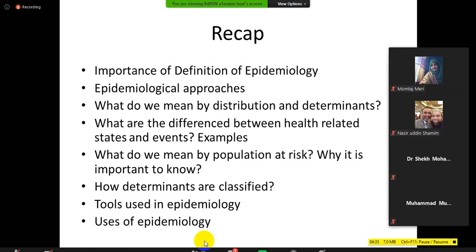Some critics used to say that it is a little bit over ambitious. So that's true, that is over ambitious. If we go through this definition, hardly could we find a person who has no problem at all. Like he is physically fit, he is mentally sound, he has no social problem, and spiritually also he is enjoying his life. It is very difficult to get a person with all-dimensional well-being.